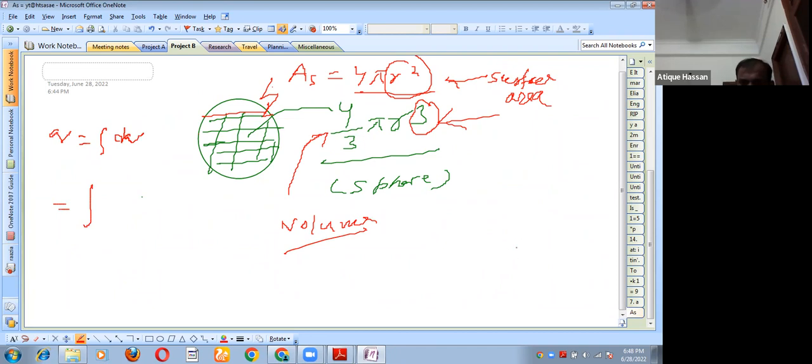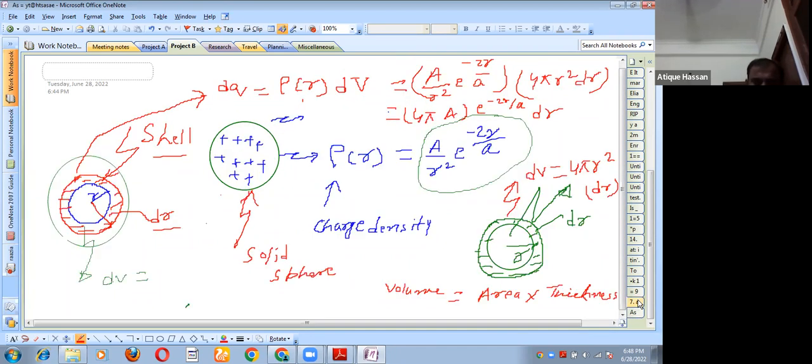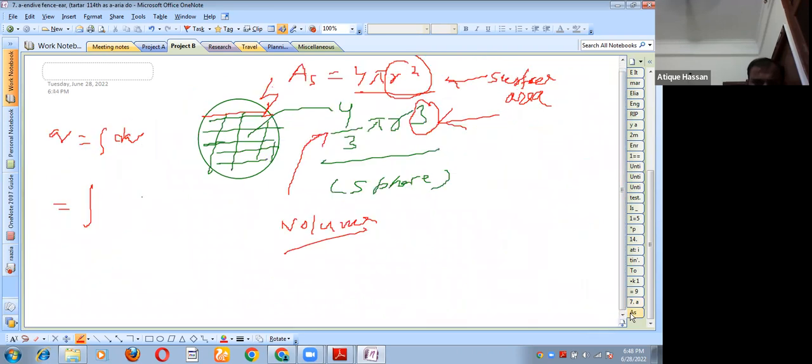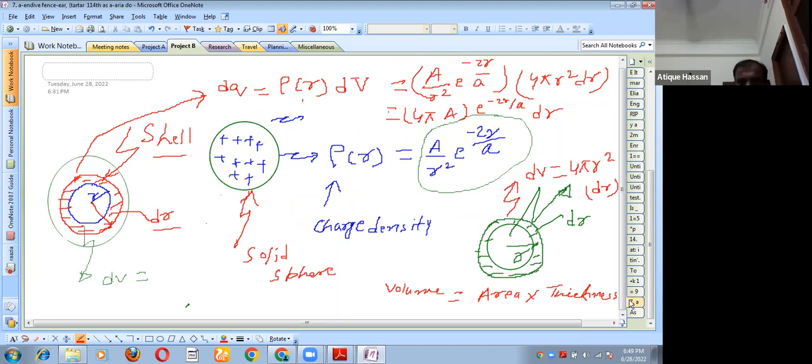We have got the value of dq as 4 pi a e to the power minus 2r by a dr. So this we got as 4 pi a e to the power minus 2r by a dr.